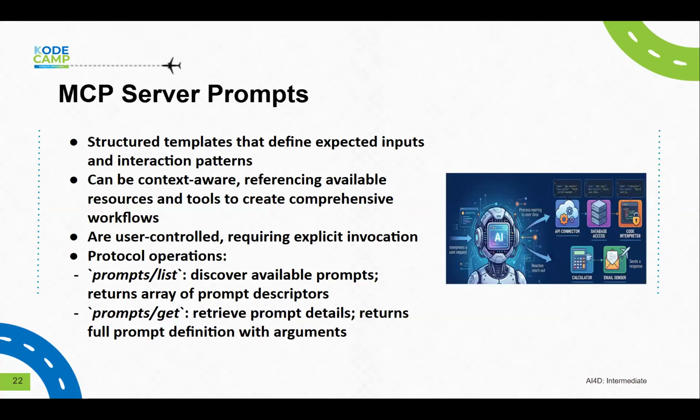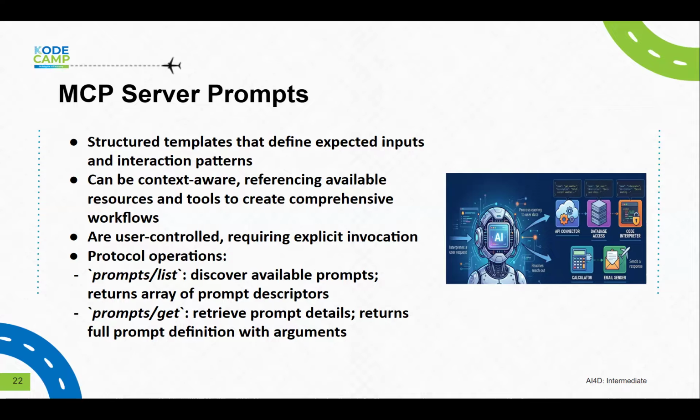Okay, let's look at the MCP server prompts. They're just the normal prompt templates that we've been using for prompting LLMs. But in this case, the important thing is that the MCP server provides this prompt as a guide on how best to request certain services from AI models.